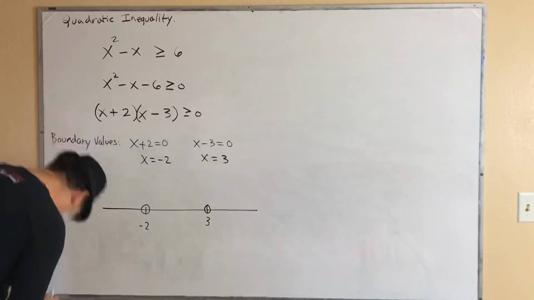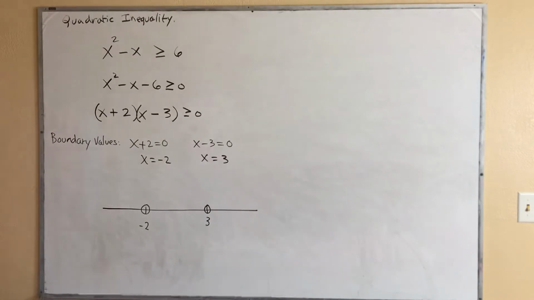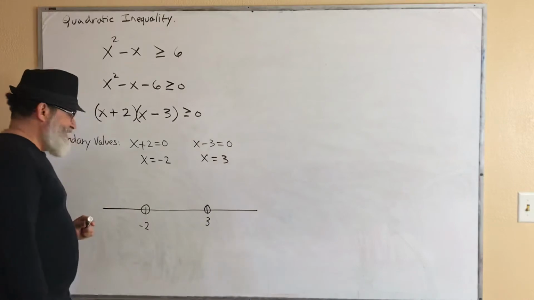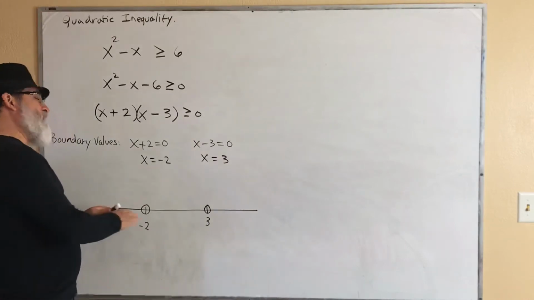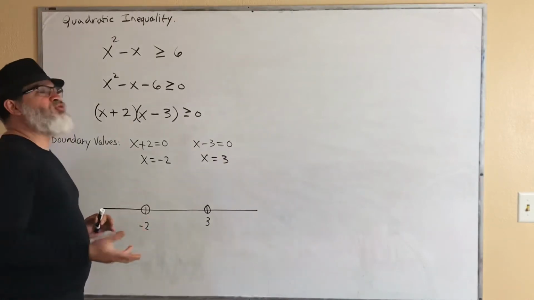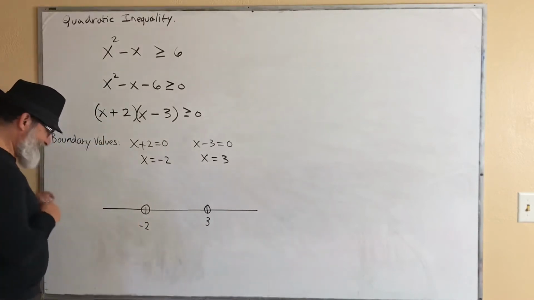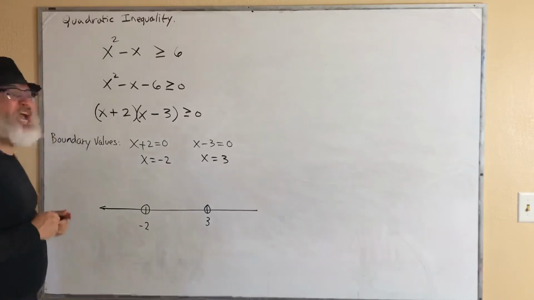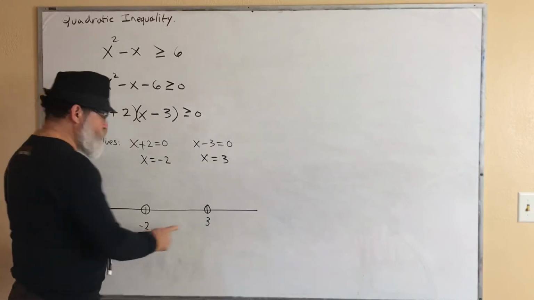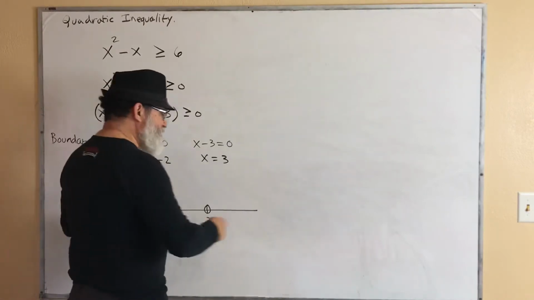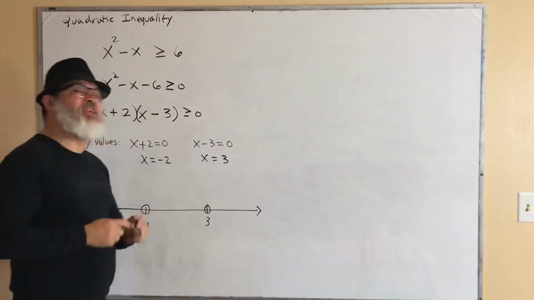Two boundary values give you 3 regions. From negative 2 to the left, that's a region. From negative 2 to 3, that's the second region. From 3 to the right, that's the third region.